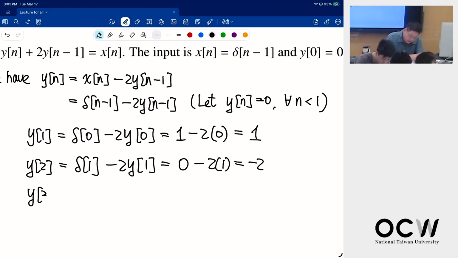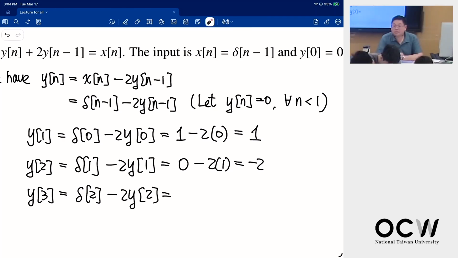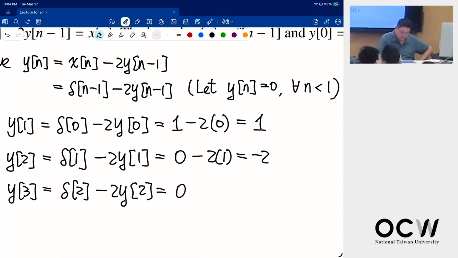And how about y[3]? Delta at 2 minus 2y[2]. What is the answer of the delta function at 2? 0. So 0 minus 2 times minus 2, you get 4.